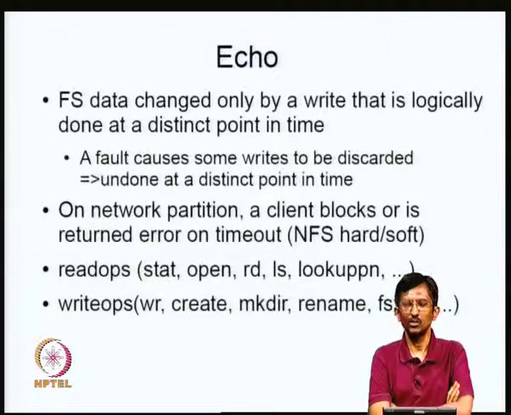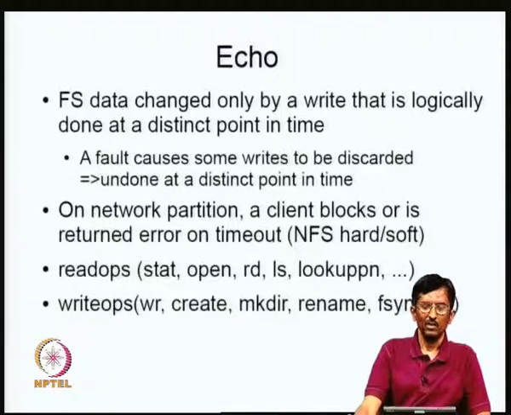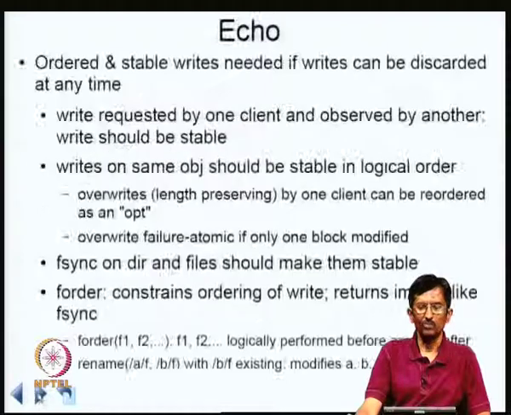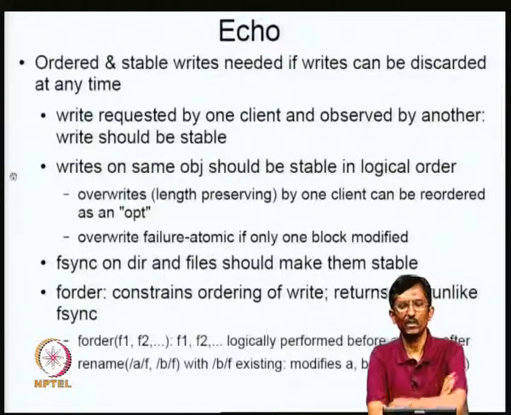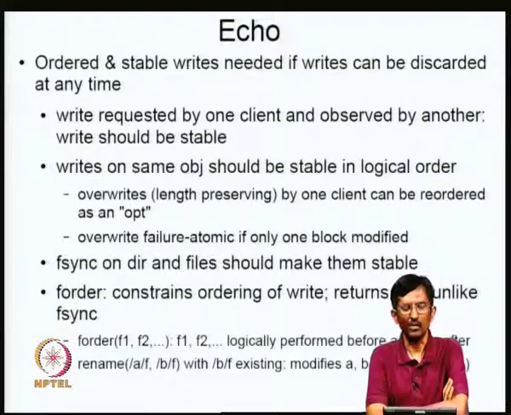Okay, similar to NFS hard and soft models. So various read operations in the system, and there are write operations in the system. Okay, so this is roughly the model of Echo, and we would like to start modeling aspects relating to the ordering of writes. Okay.